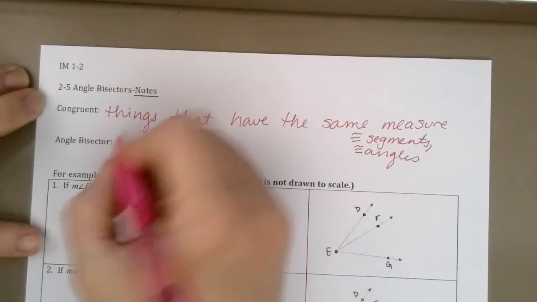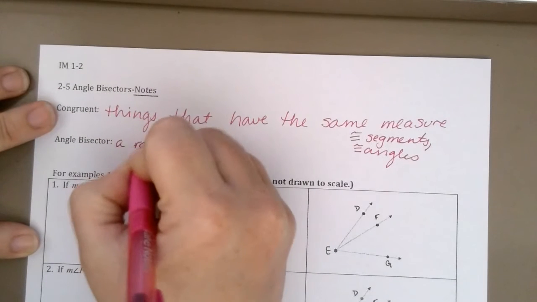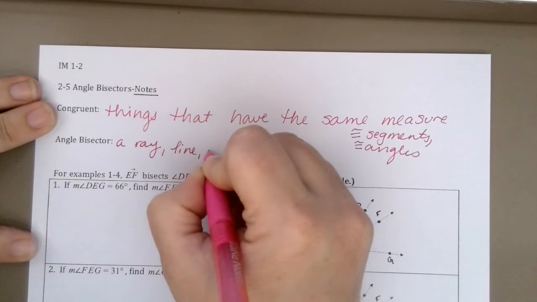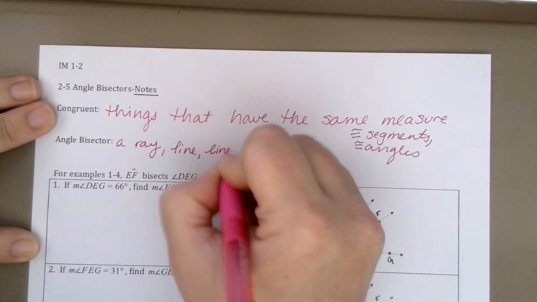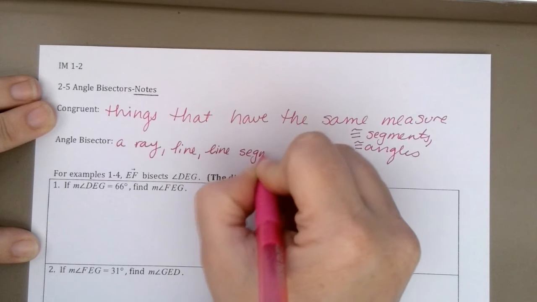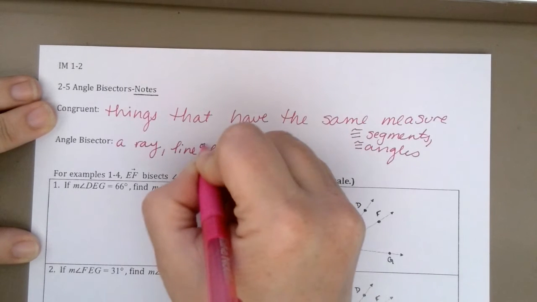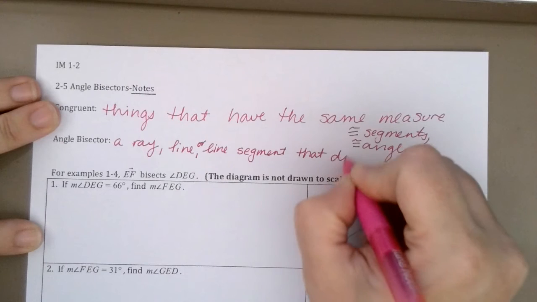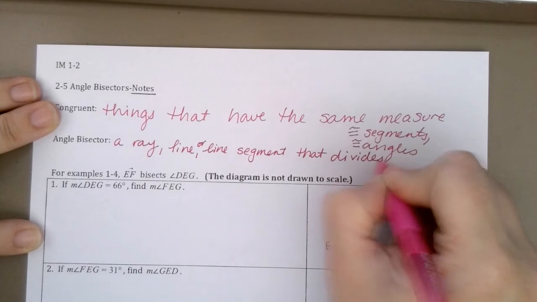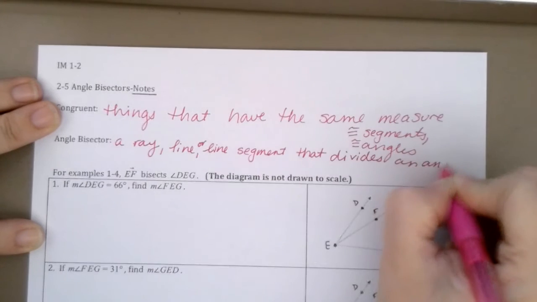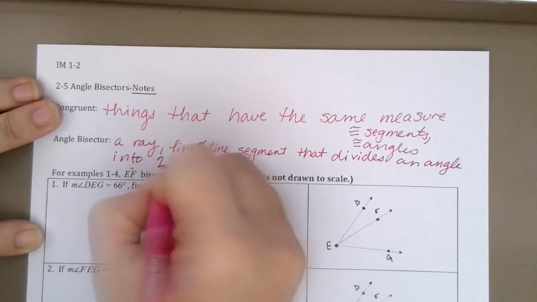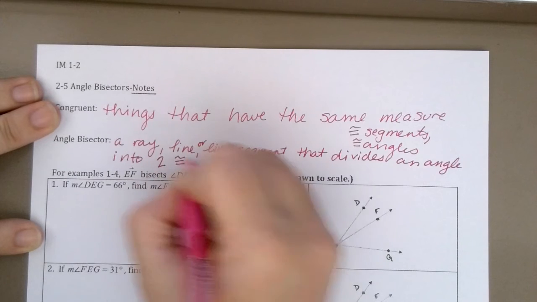So it could be a ray, line, or a line segment that divides an angle into two congruent angles.